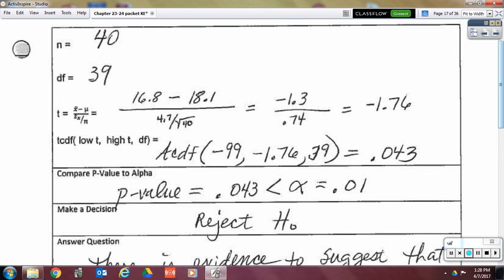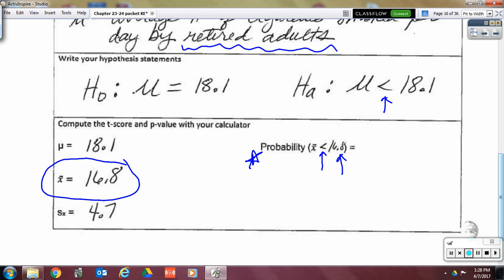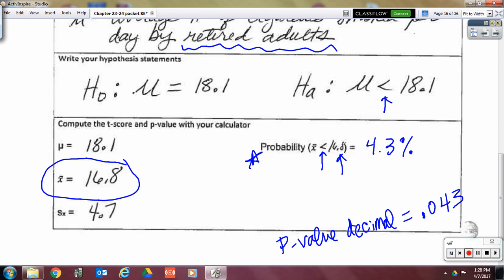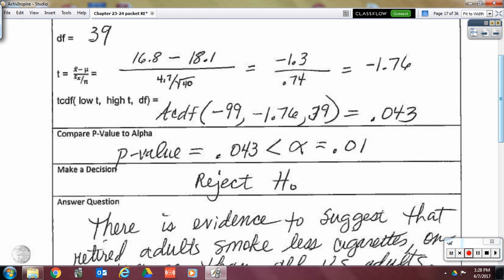That's 0.043. So what's this over here supposed to be? Good. The p-value in decimal form, 0.043. Okay, so yeah, I have it wrong on my answer key.